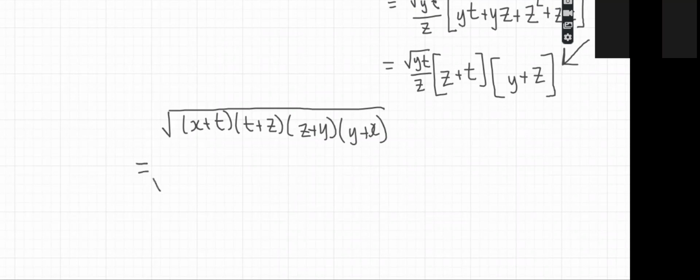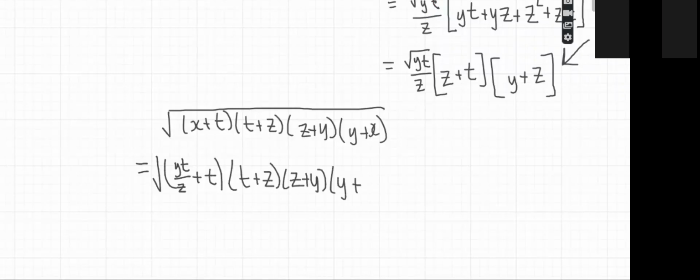Now we will just replace x with yt over z. And now we can take this factor of 1 over z and a factor of 1 over z here out.